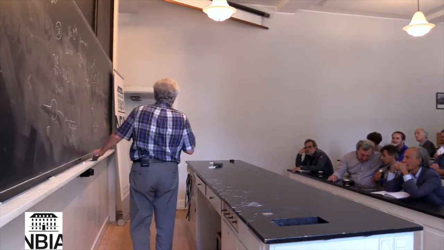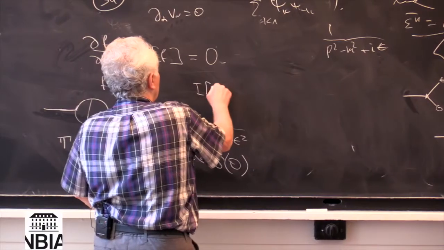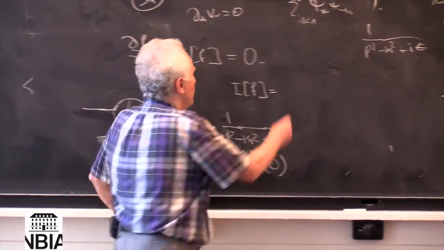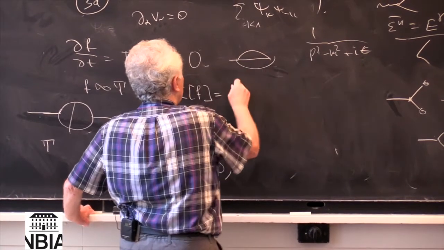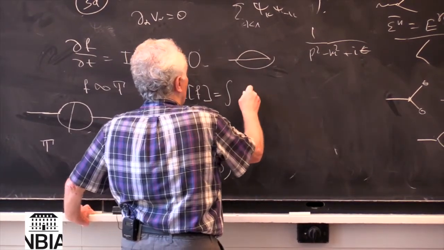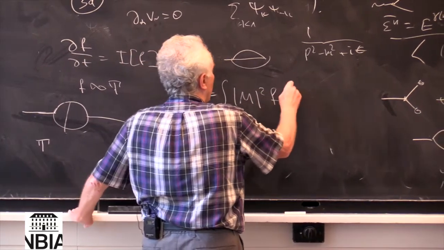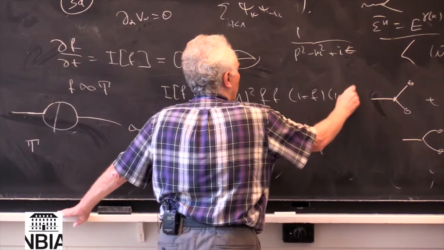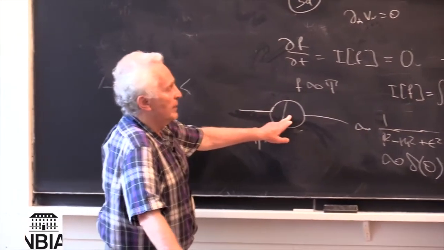In turbulence, the collision integral I of f is something like this: if you have, for example, scattering like that, you have the integral of the matrix element squared, terms like f, 1 plus f, 1 plus f, and so on. That you can derive from diagrams.